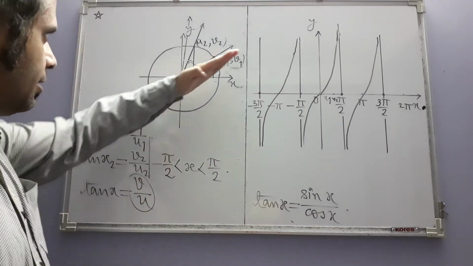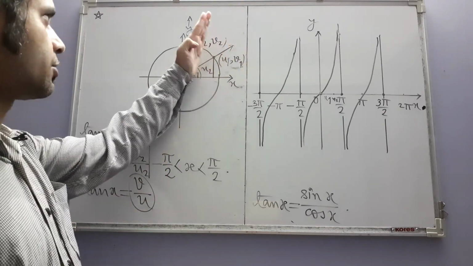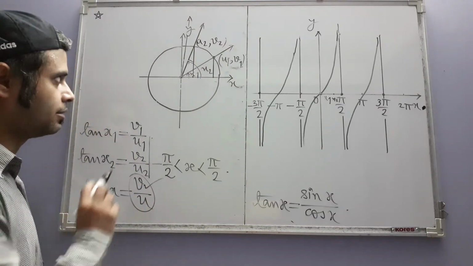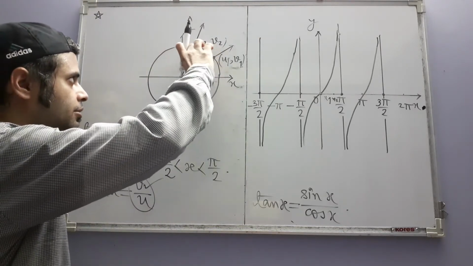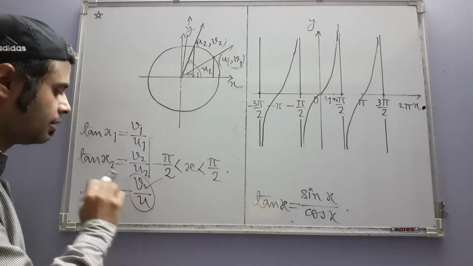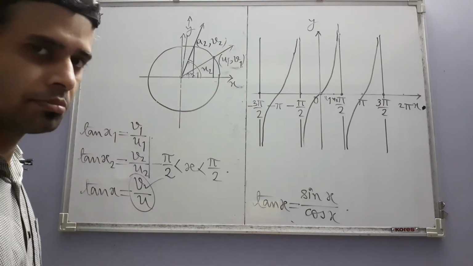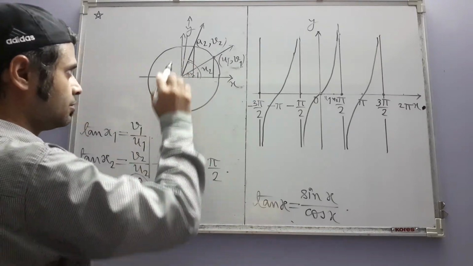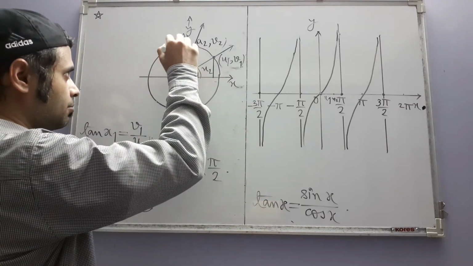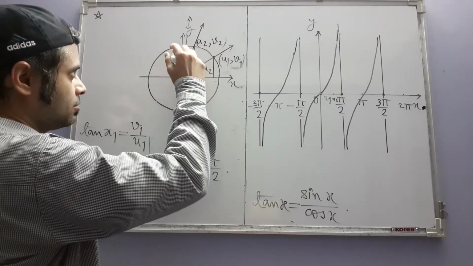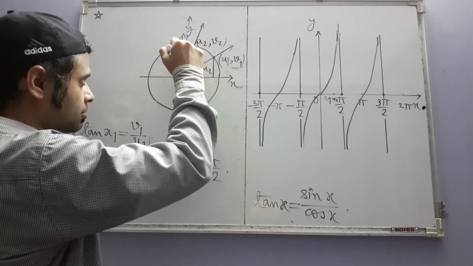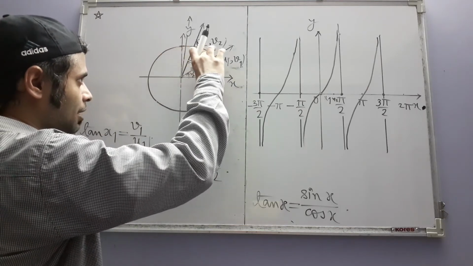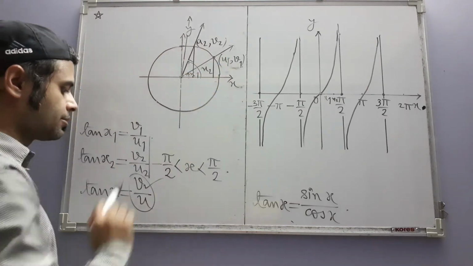Note that as our terminal ray goes like this, v increases, fine, but there is a limit to this increase, there is a bound. No matter how large v becomes, this is the maximum v that you can have, because this length is 1. All the other lengths that you see of the perpendiculars are all less than 1.